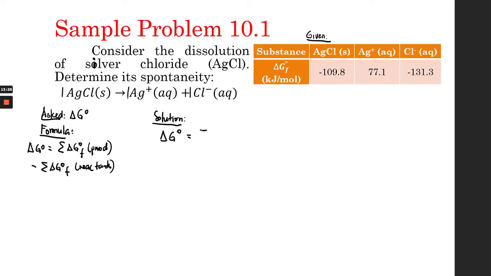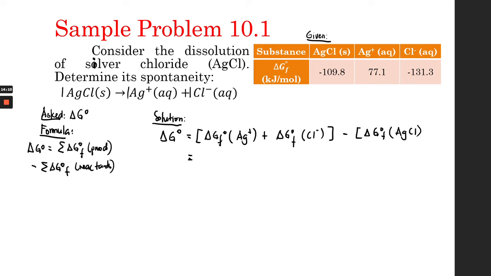We have our products, so this is basically the sum of the delta GF of Ag, or silver cation, plus the delta G of formation for chloride ion, minus, yeah, basically minus the delta G of formation for silver chloride. And then we can just plug in the numbers.